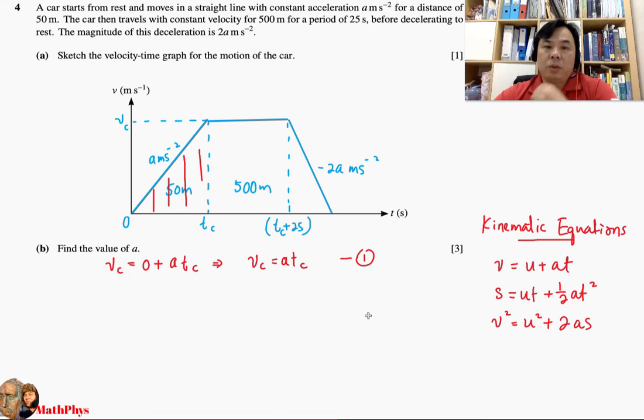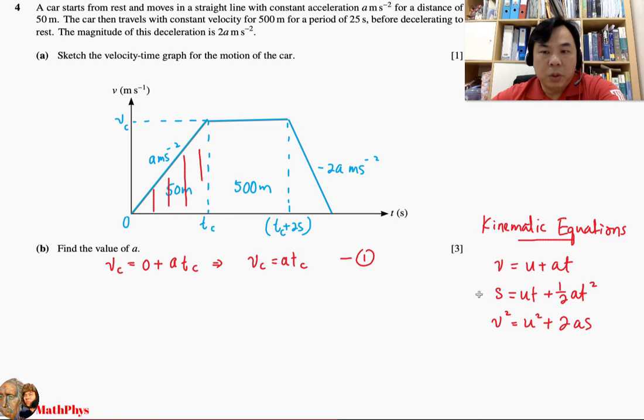Now that's our first equation. We can't do much because we have two unknowns here. Next, we also have the extra information of 50-meter displacement, so you can make use of the second one, or you can make use of the last one. Doesn't matter. Since I started off by using TC, I might want to concentrate on using the second one.